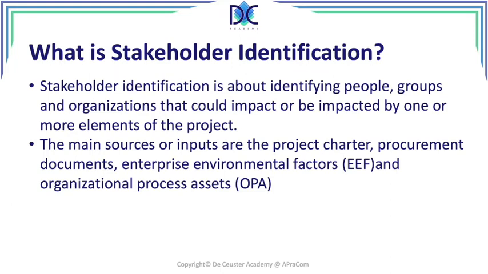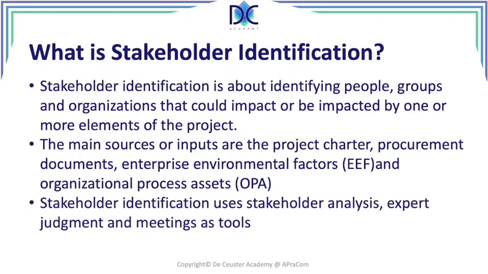We have to compare the two. We may have stakeholders who are internal, but also stakeholders who are external. And we also have to consider what we call the organizational process assets. This is all the knowledge of the organization, all the elements that we did before, how we identified stakeholders in previous projects, how we can use those to help stakeholder identification in our project.